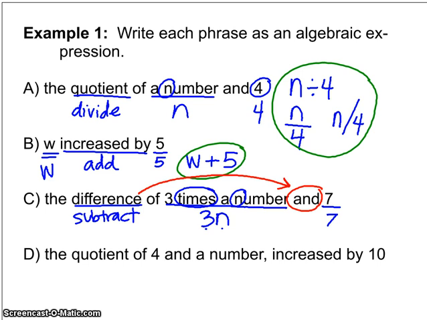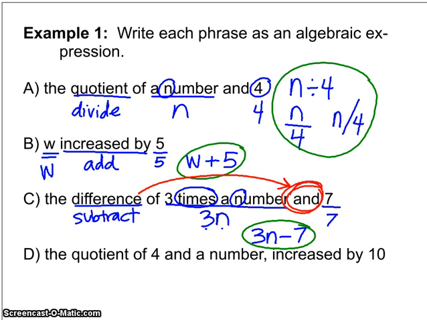So this is going to be 3 times a number, and then we're finding the difference between that and 7. And we get this answer here: 3 times n minus 7. Okay, so again, look for those ands. They usually indicate kind of a separation so you know where to place your operation.